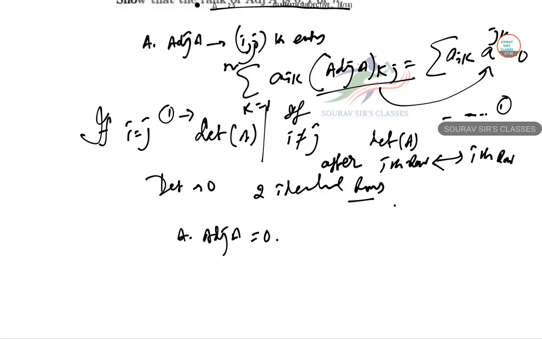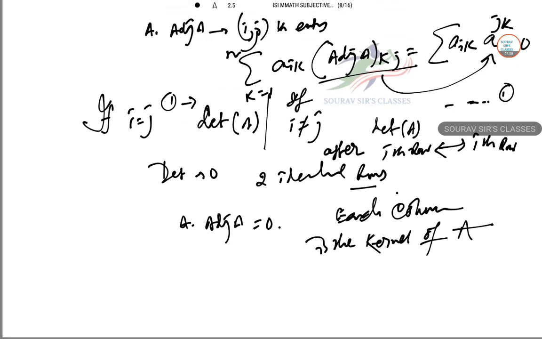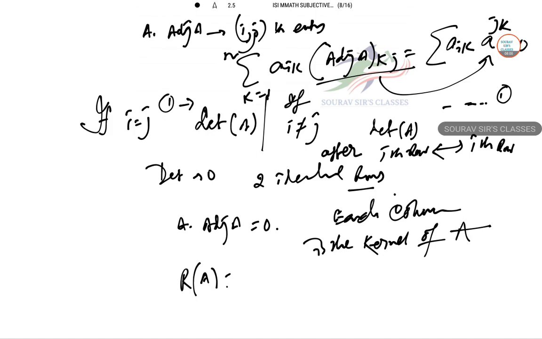That is, each column of the adjoint of A is in the kernel of A. But obviously here we can see that the rank of A is n minus 1.